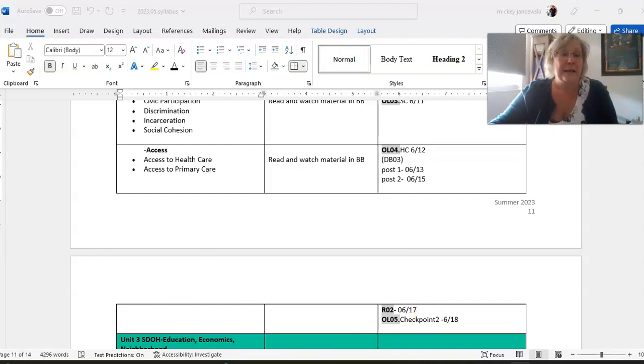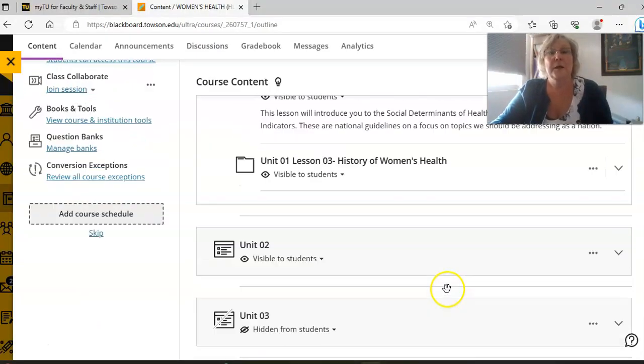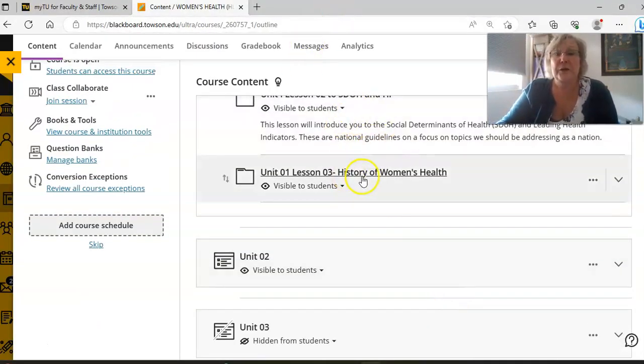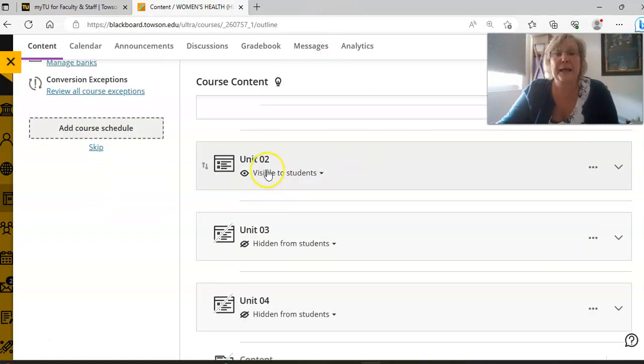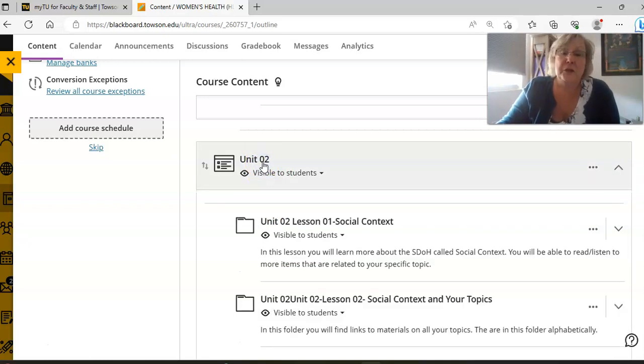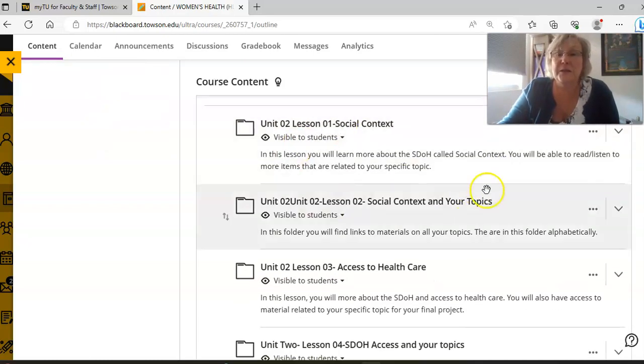So let's look at the Blackboard page very quickly. As you can see, you're in Unit 1, you're wrapping it up, and here we have Unit 2. I will try to open 3 and 4 by the end of the week. Unit 2, we have 2 lessons on social context and 2 lessons on access to healthcare.